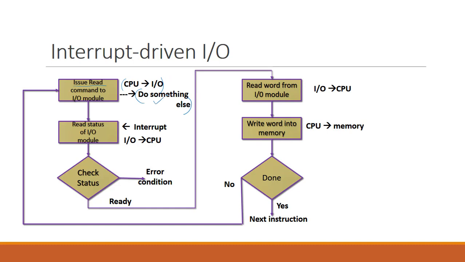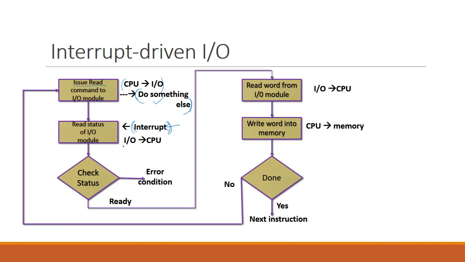This is the new part. After the read command is issued, the CPU continues executing other instructions. That means a context switch occurs. So when the peripheral device is ready for data transfer, the device makes an interrupt to the CPU.